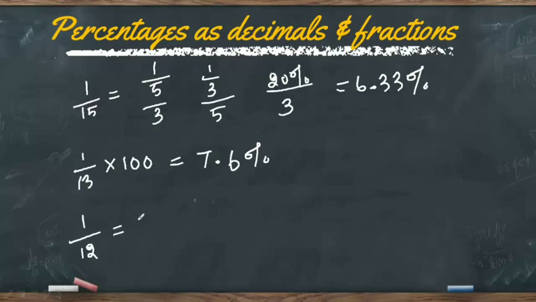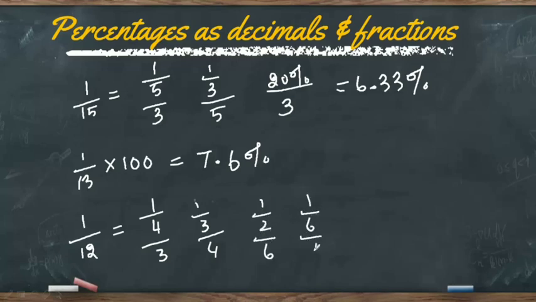How about 1 by 12? 1 by 12 can be calculated in various ways. It can be written as 1 by 4 by 3, or 1 by 3 by 4, or 1 by 2 by 6, or 1 by 6 by 2. Among all these, the easier one will be calculating it from 1 by 4.